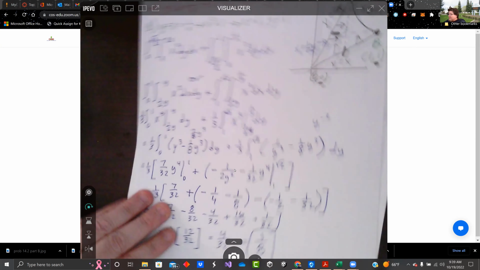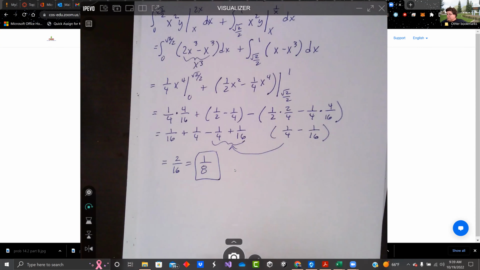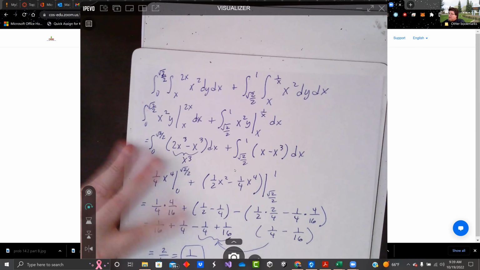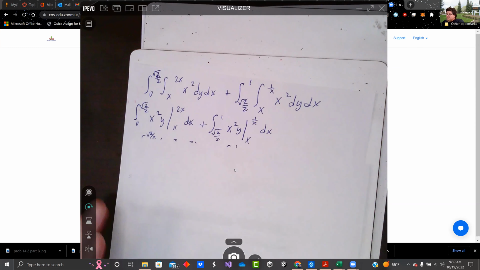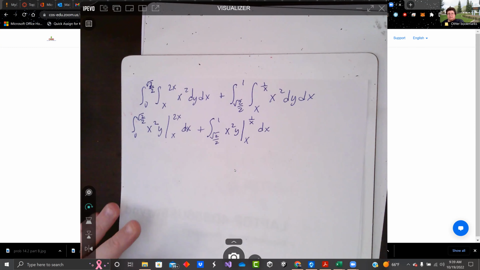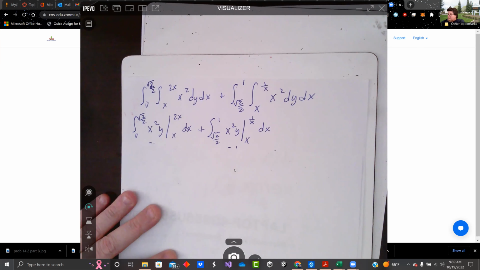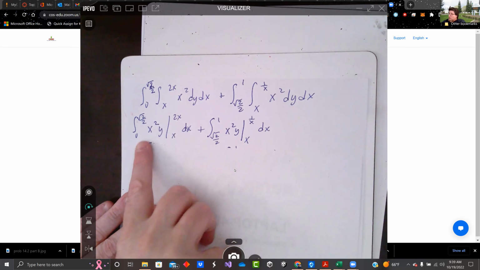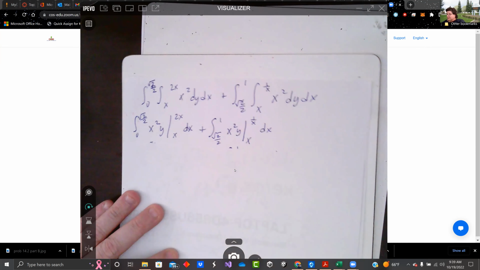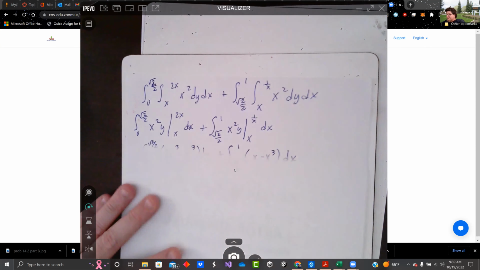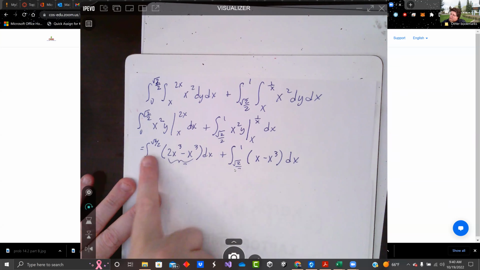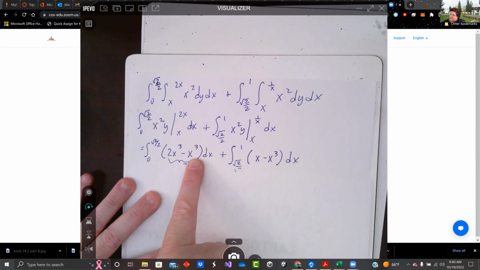If we look at doing it the other way, we integrate dy, there's no y, so it's just y. We plug in the limits of integration. We've got x squared times 2x is 2x cubed. X squared times x is negative x cubed because it's a minus.